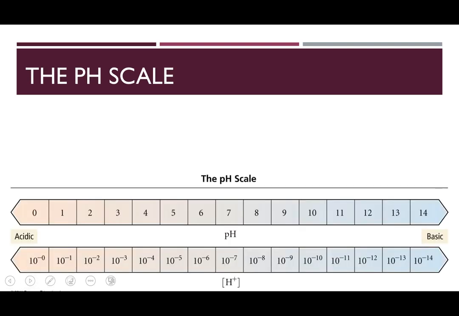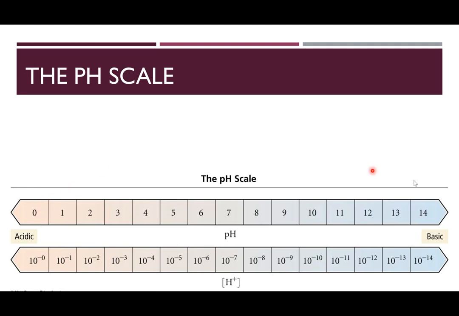So just as a review, the pH scale hopefully is something you've seen before. If it's not, here is your introduction to it. But the pH scale basically goes from 0 to 14. You will see things go negative. You will see things go above 14. It's just very rare.